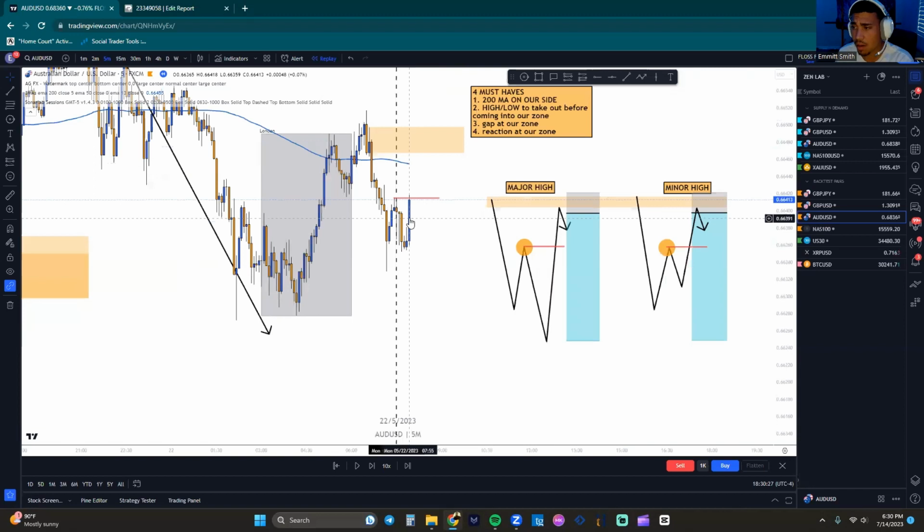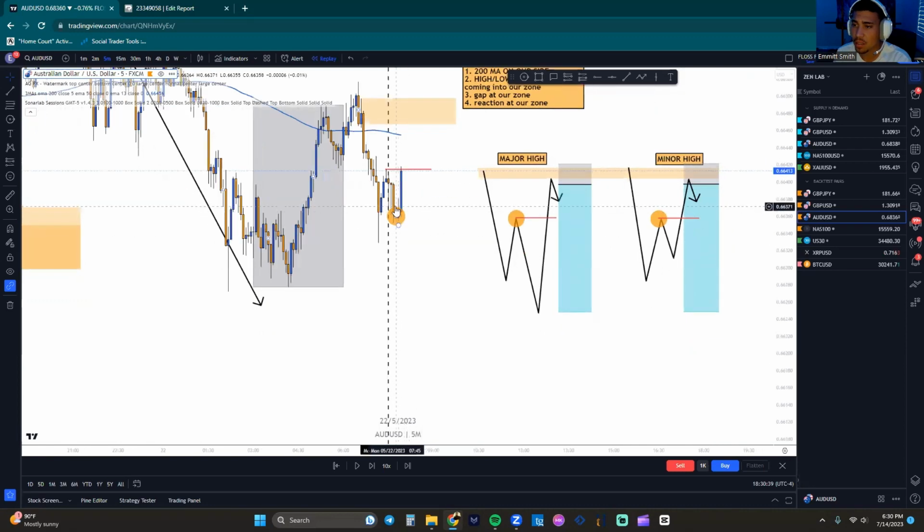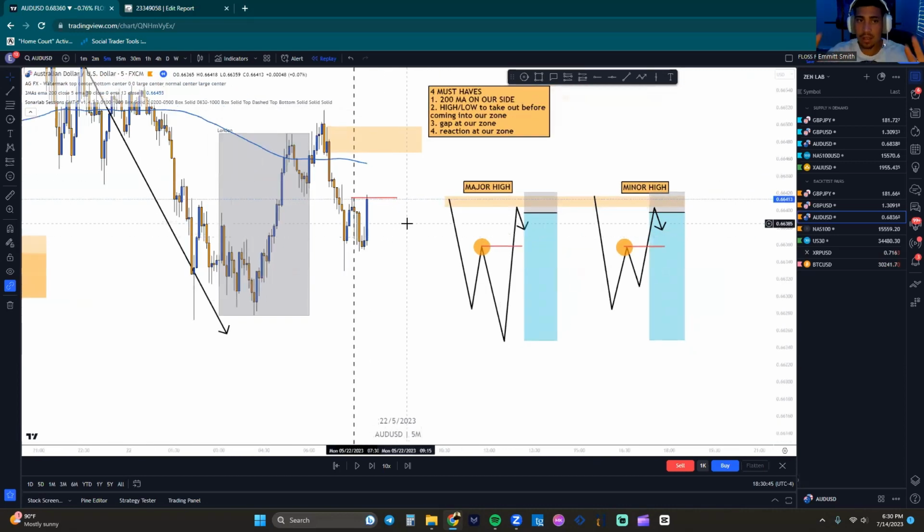Okay, so sitting right here, if you guys look at our models over here, this is a minor high to take out before coming up into supply because it never created new lows after it made this high sitting right here. Okay, understood? Hope that makes a lot of sense. If not, take a picture of this and tack it on your computer and use it every time you guys want to trade in the SunLab.